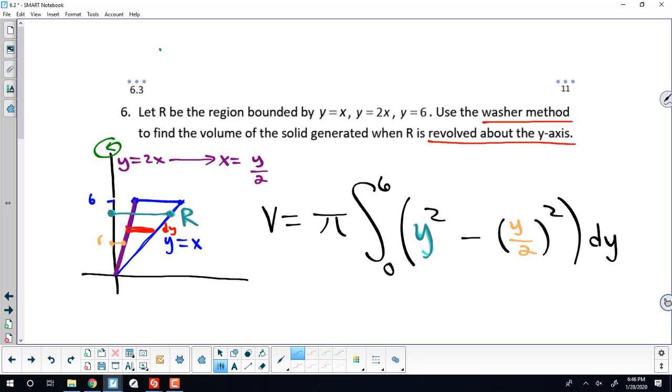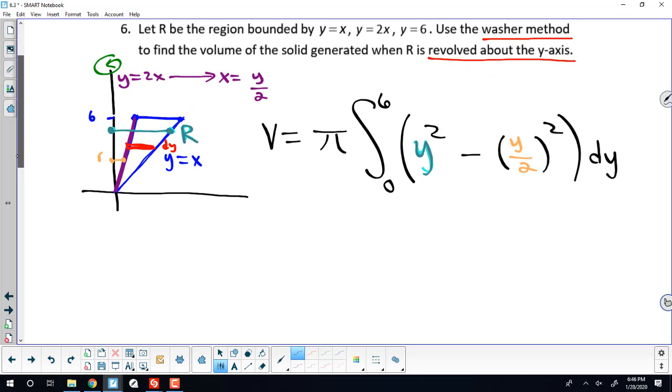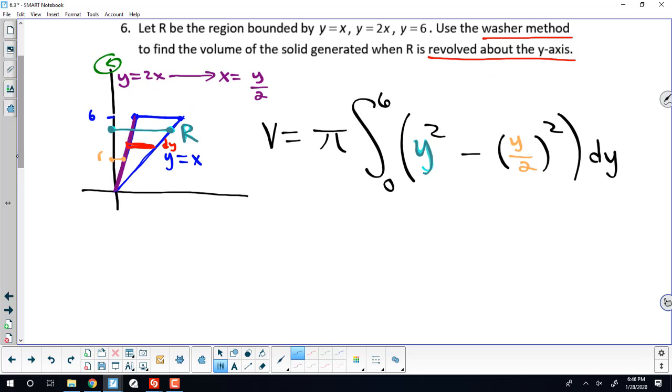Anyone have any questions? So again, it's just powers of y, 54 pi.